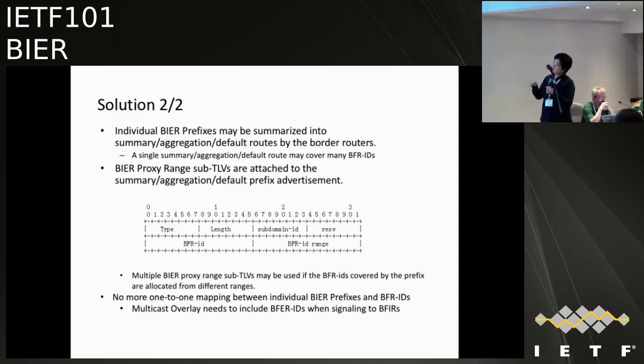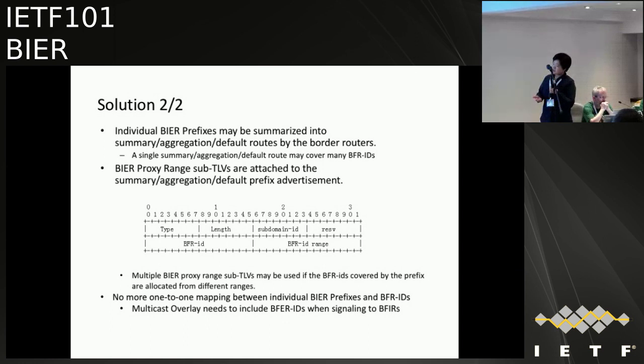A single summary route may cover many BFIR IDs. So how can we advertise it? In this draft, we defined a new proxy range sub-TLV to advertise it. So you can see the format is like this. And multiple BIER proxy range sub-TLVs may be advertised if the BFIR IDs covered by the prefix are located from different ranges.